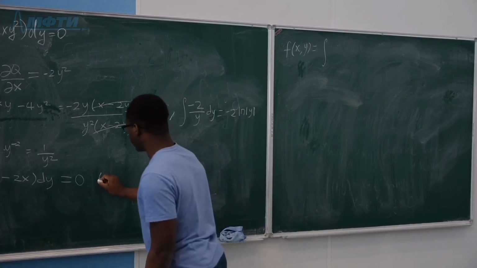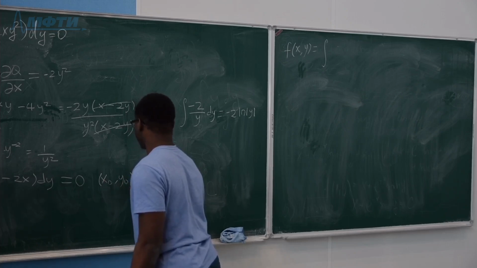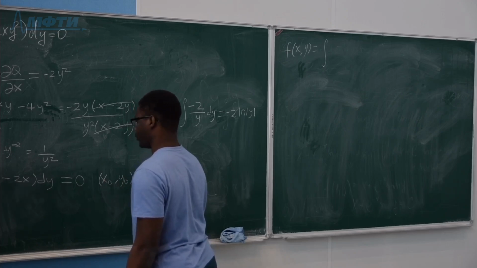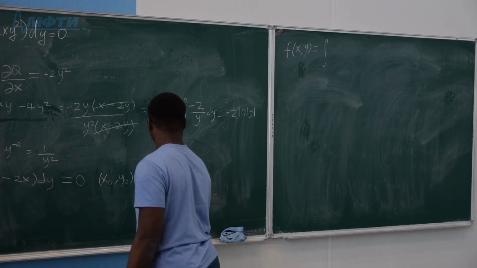I think integrate this, and after this, x0, y0 would be, let it be 0 and 1, because we can't divide by 0. So 0 and 1, I think it's okay.